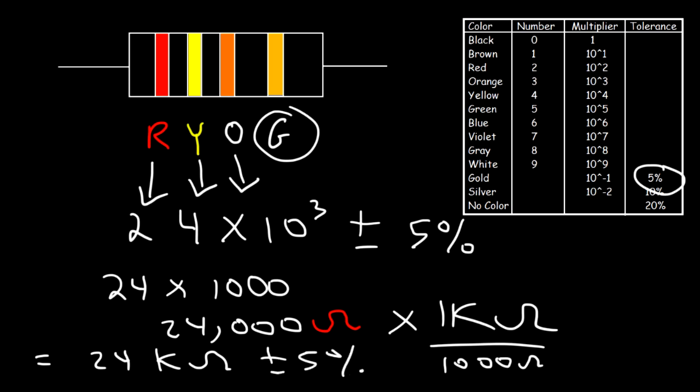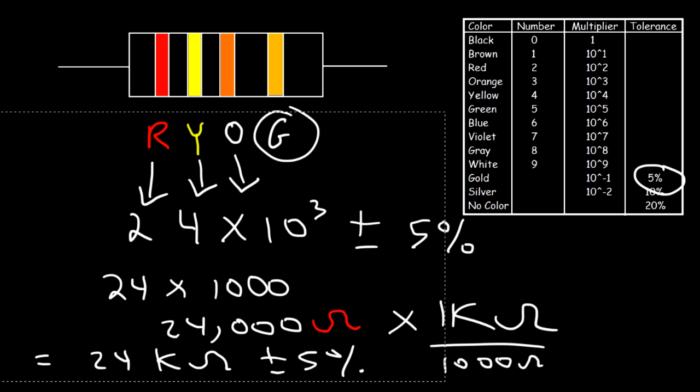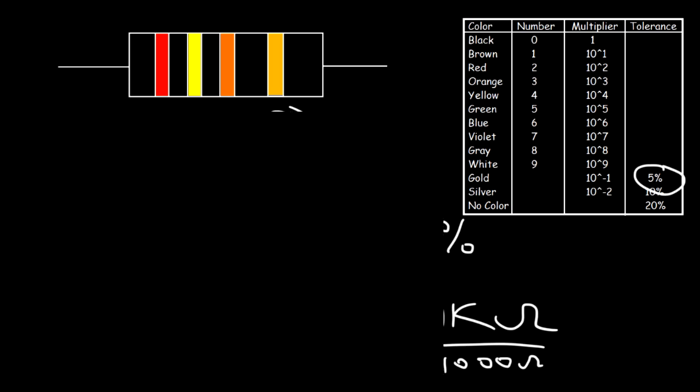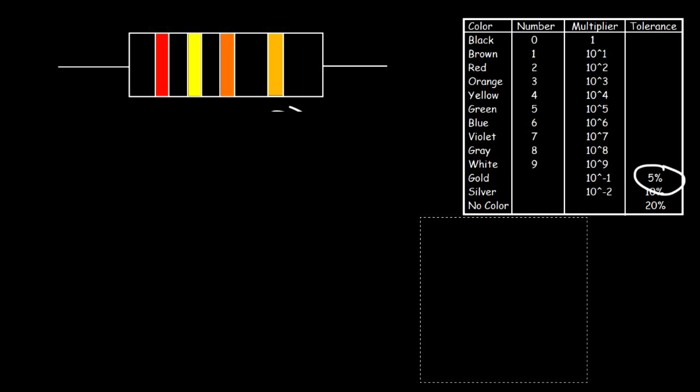Now let's go ahead and calculate the range. So what we want to do is find out what 5% of the resistance is equal to. So right now we have 24 kilo ohms plus or minus 5%.